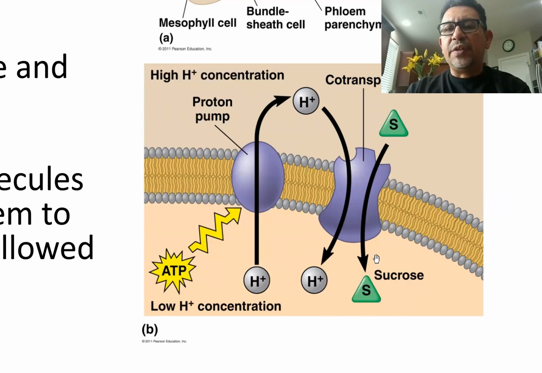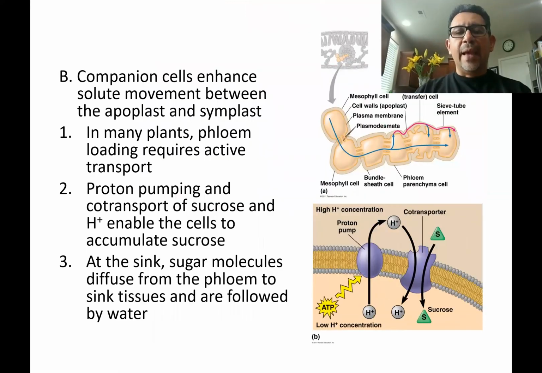And so notice that hydrogen ions are going down their concentration gradient, but sugars are going up against their concentration gradient. Because for all of this to happen, energy was required to begin with. And because initially hydrogen ions were going to a high concentration, and because sugars are also going to a high concentration, this type of transport is going to be known as active transport.